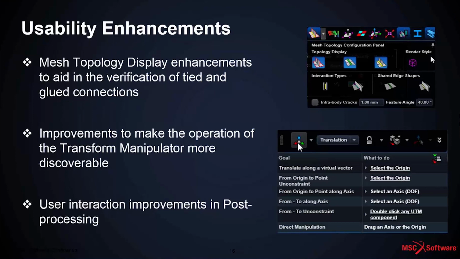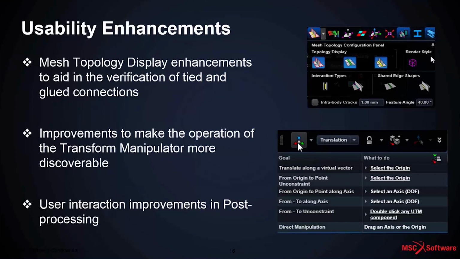So things like glued connections and edge-tied connections would show up as red as if it were free, which it's really not. It's really connected. So we've greatly enhanced the topology display to consider additional connections other than just a congruent finite element model. We've also made some improvements to the transform manipulator. The transform manipulator in Apex is very powerful in terms of translating and rotating.